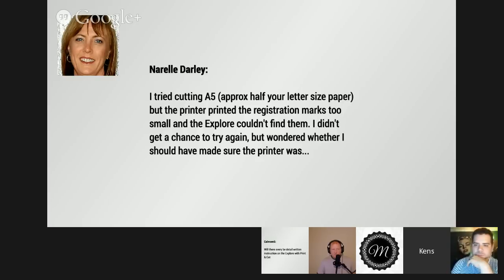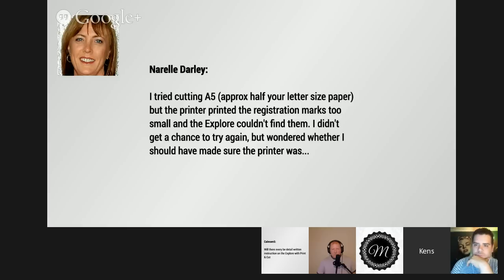Scrolling through some questions, and I'm not seeing any more. Norel also posted something. It sounds like she did try to cut an A5, approximately half your letter size paper, but the printer printed the registration marks too small, and the Explorer couldn't find them.